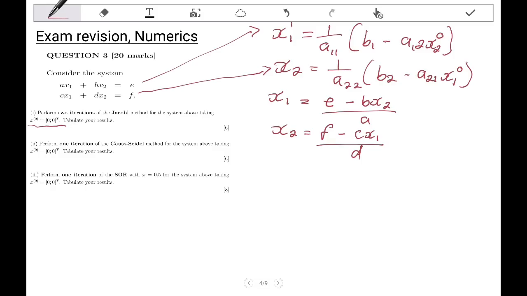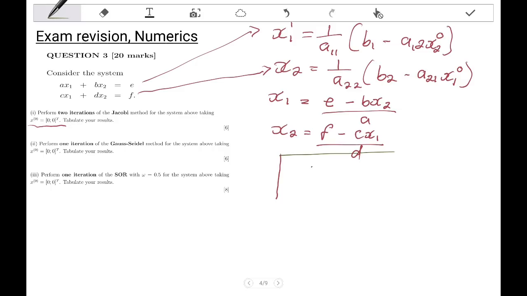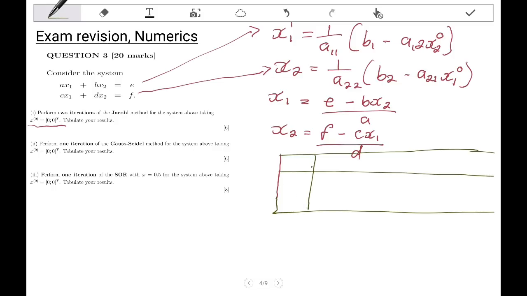Since we are told to tabulate our results, if you tabulate this it's going to be like this. Let's change the color. So this is a table, and here just write m, then write 0, and since they told us to do 2 iterations, then 1, and then the last one is 2. Then increase the table.